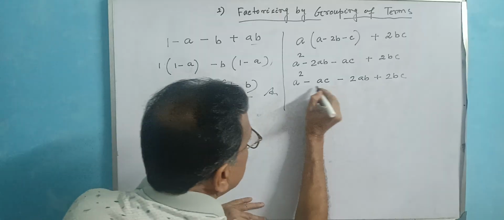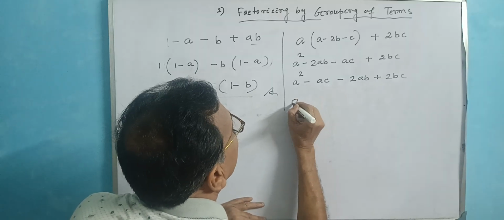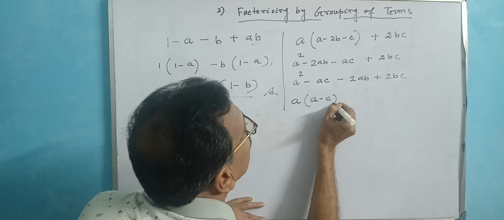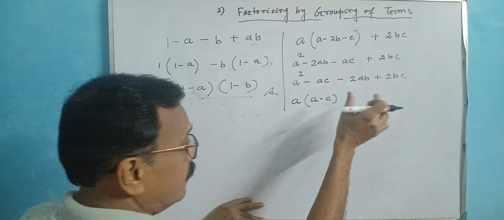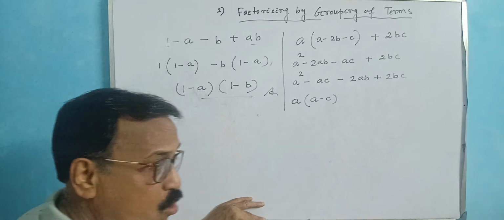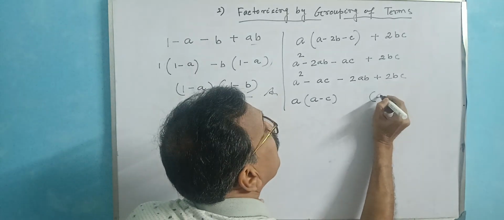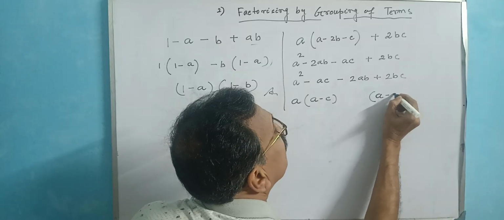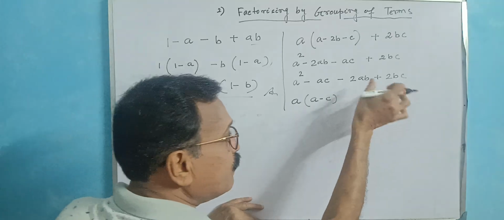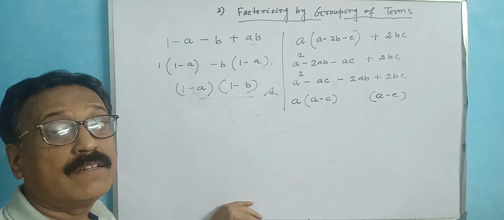From here, what is the common actually? Here is a square, here is ac. So first you write a is common. So what is left? A minus c. Now here is a minus c. Take common in such a way that under the bracket this is also a minus c, so it must be a minus c.